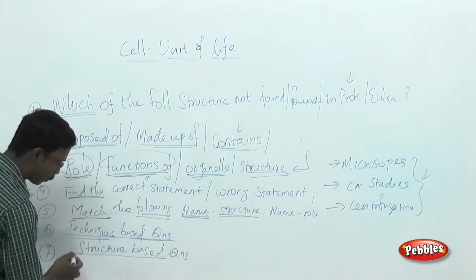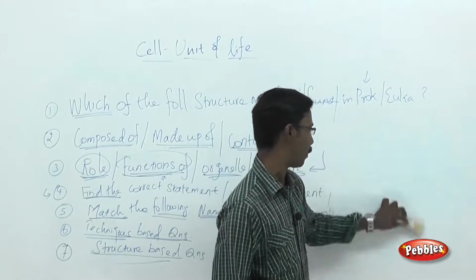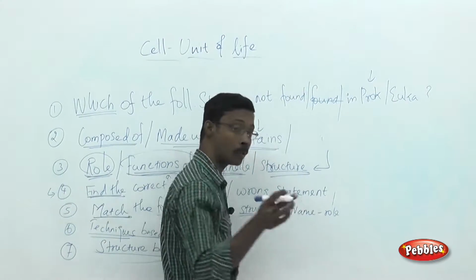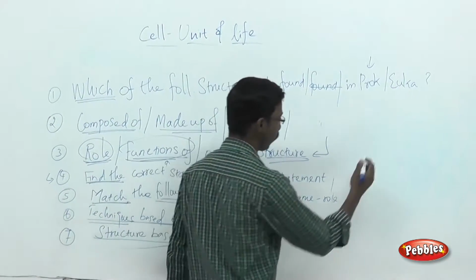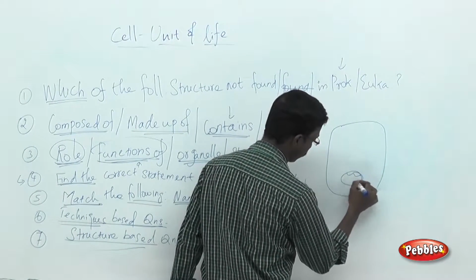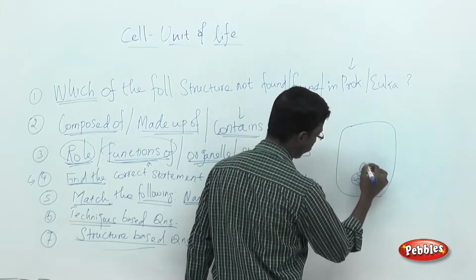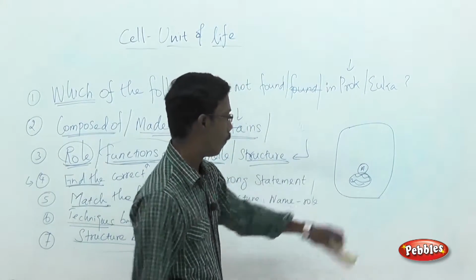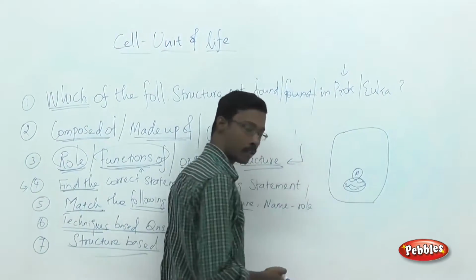And structure based questions. A few years back I have seen some questions about finding out the structure in the given image. Okay, they have provided the image and they have marked the particular structure as A, and they have asked the question, find out the name of the particular structure.